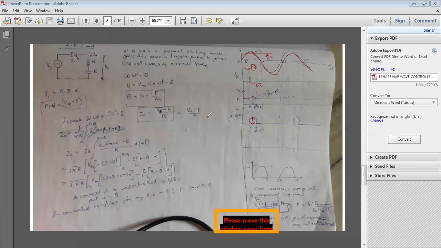Okay. Now supply voltage will be equal to the output voltage, so this can easily be written as V output minus E by R. So output current will be equal to 1 by 2 pi integration alpha to pi minus theta, that is from where the conduction started.